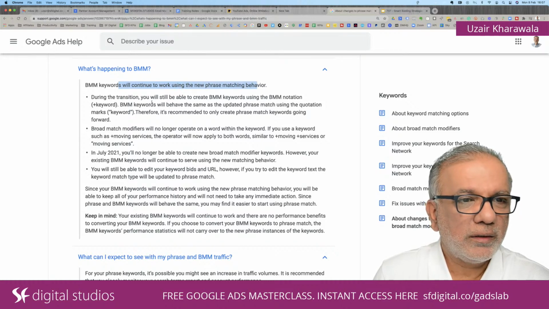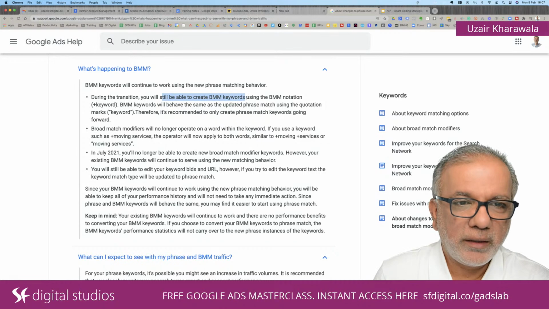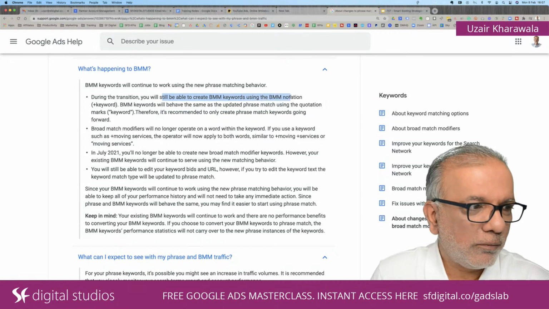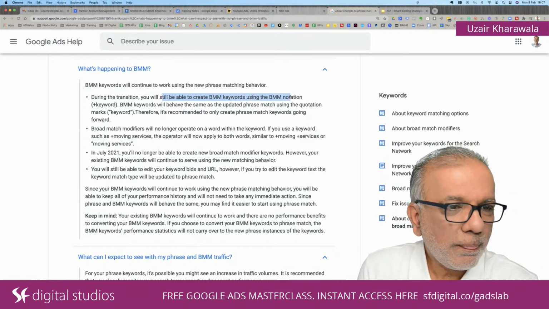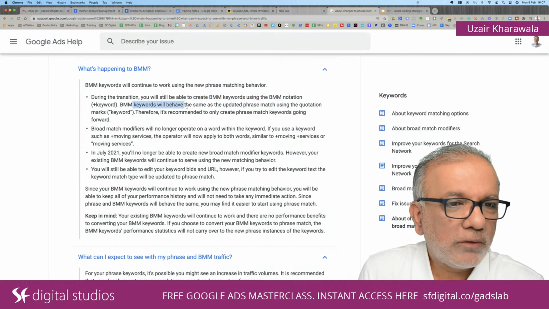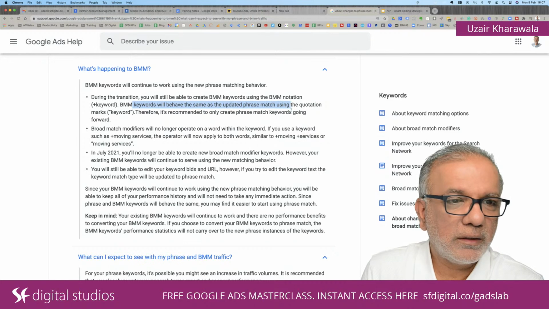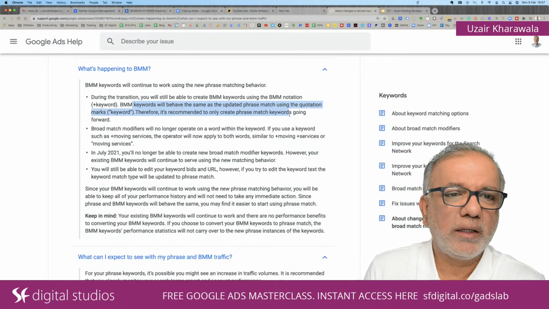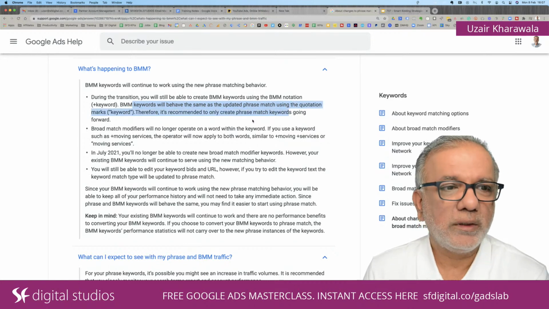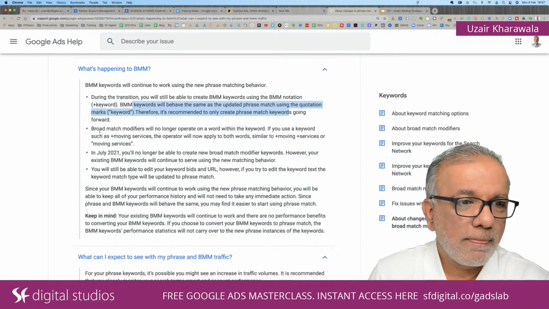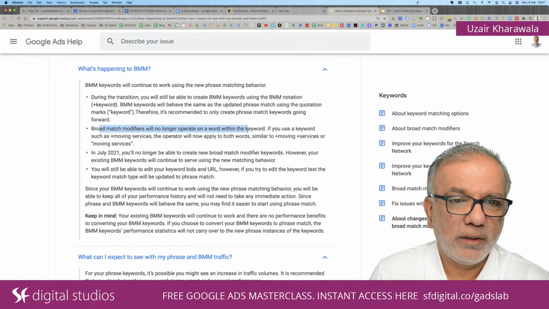During the transition, you will still be able to create BMM keywords using the BMM notation. BMM keywords will behave the same as the updated phrase match using the quotation marks. Therefore, it is recommended to create phrase match keywords going forward. Broad match modifiers will no longer operate on a word within the keyword.